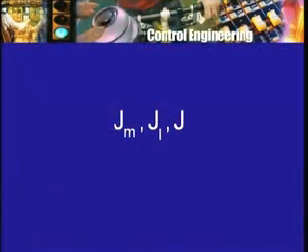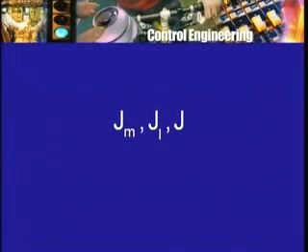And the symbol very often used is J, capital J. If one has to talk about the motor moment of inertia separately from the load moment of inertia, then one will use two symbols, Jm and Jl, M for motor, L for load, as before. But for the moment let's assume that there is no gear drive, the shaft is directly connected, and therefore we are talking of a single moment of inertia, and therefore I will denote it by J.